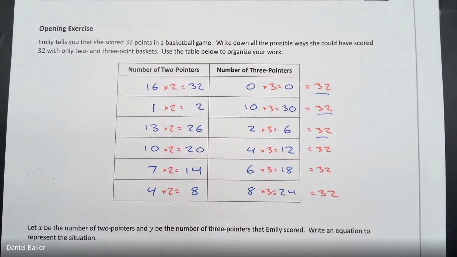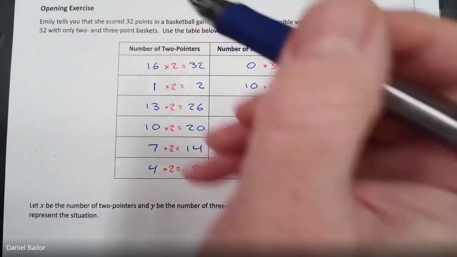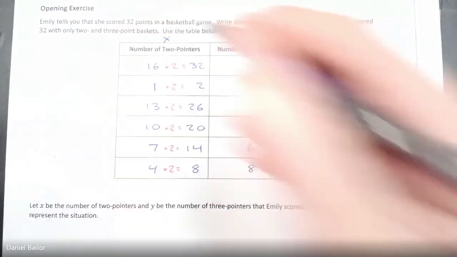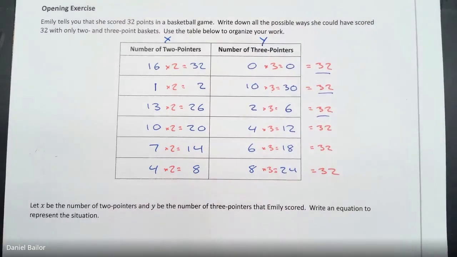Now for the next part, it says let x be the number of 2-pointers, and y is the number of 3-pointers that Emily scored. Write an equation to represent the situation. Well, look at this. We can actually use this.